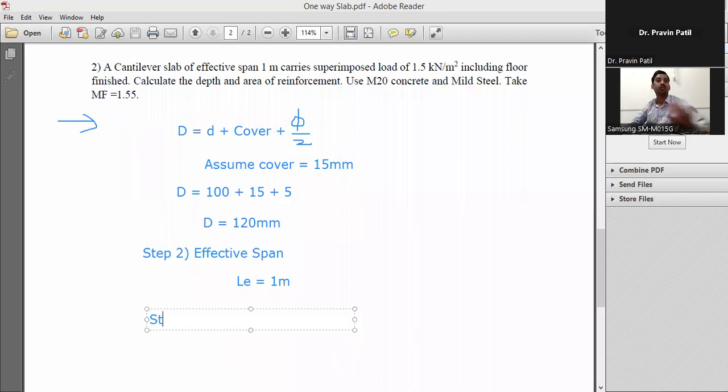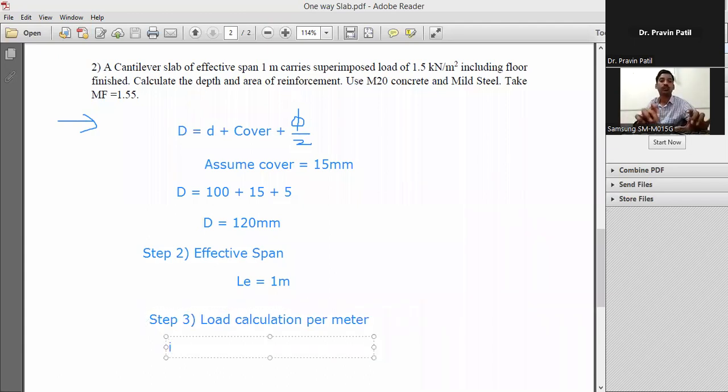Okay. So next, step number 3, load calculation per meter. First of all, calculate the dead load.